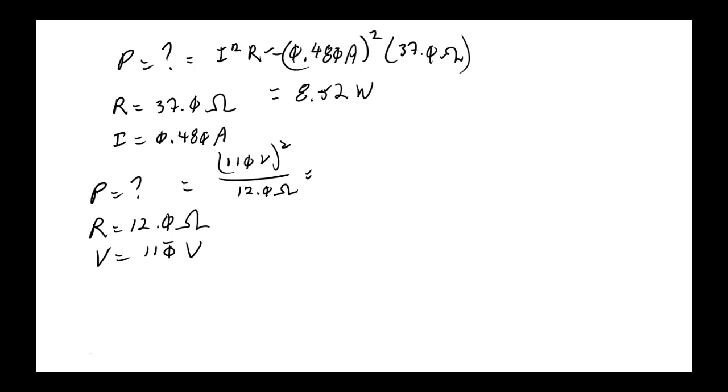Somewhere around 1,000, yeah. That's right. 1008.33, point something. Now, how many significant digits do you have here? 3.